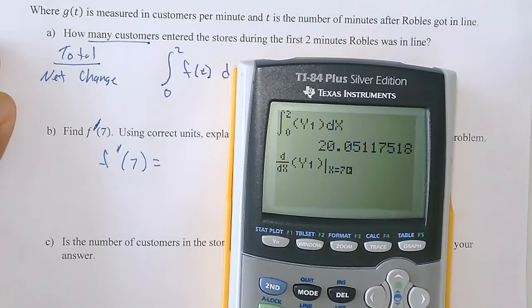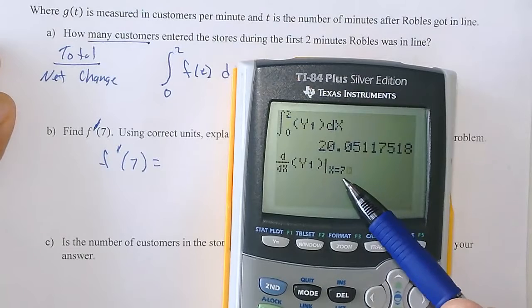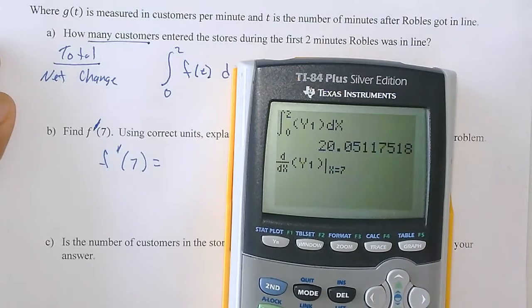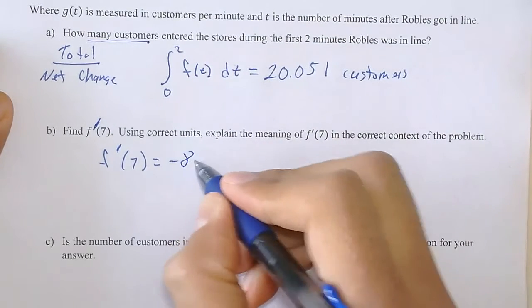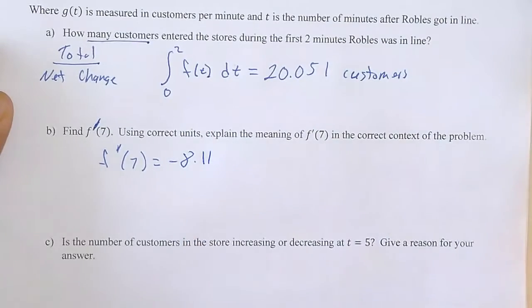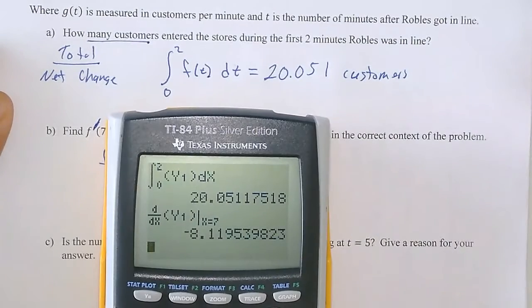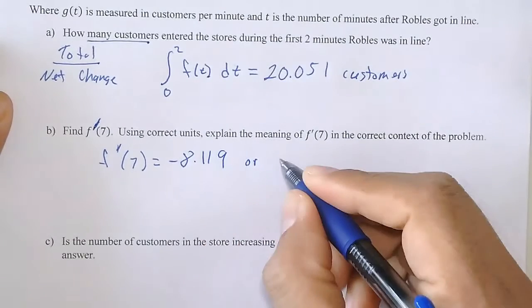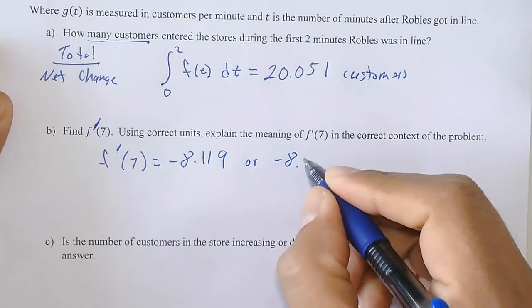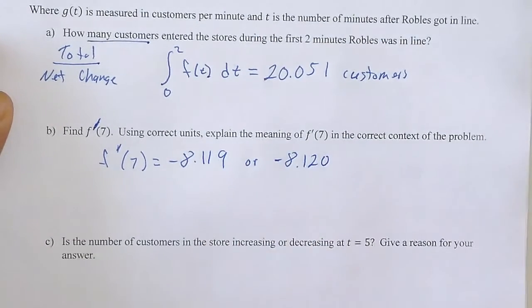I got negative 8.119, or I could also write negative 8.120. Remember, 3 places, no more, no less. If you round it off, it will make that into a 1.20, or I could just literally just cut off the rest and leave it as 8.119. So that's my number. That's what I got.